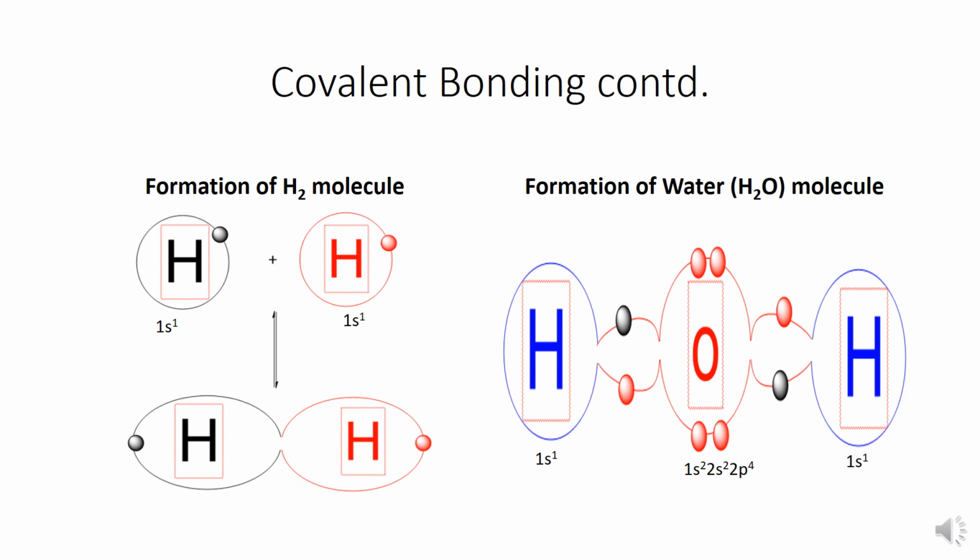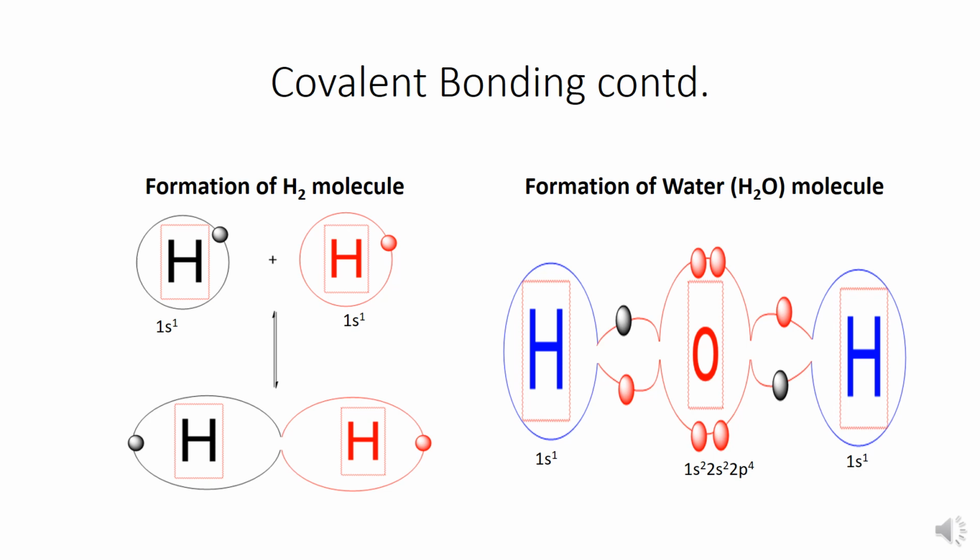Further on, we can explain this by bonding two atoms of hydrogen. You can see the black hydrogen and the red hydrogen. The colors are only used to differentiate the two bonding hydrogens. The black hydrogen has a black 1s electron in the s orbital, and the red hydrogen has a red 1s electron, and they need to pair up as we had said already.